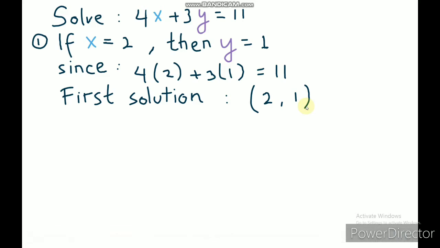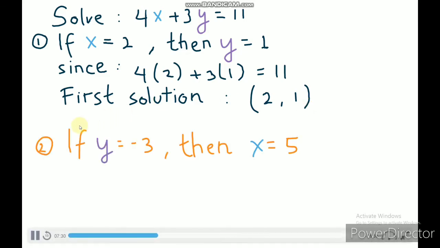But now I will do a different approach. It's not by saying if x equals what, then y equals what. Now, if y equals negative 3, mentally I will try to calculate the corresponding x, and I find it is 5.